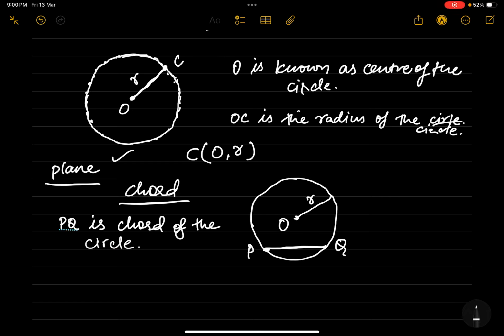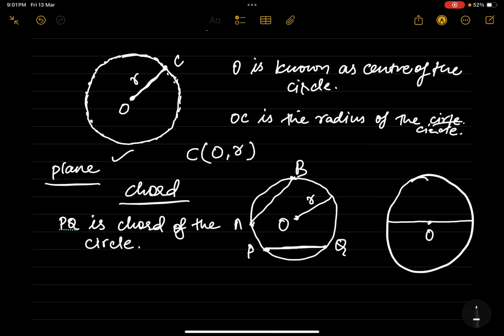Okay, so I'm going to draw many chords. You can draw as many chords as you want. So this is also a chord AB. Suppose this is A and this is B. Now suppose I draw a chord XY.